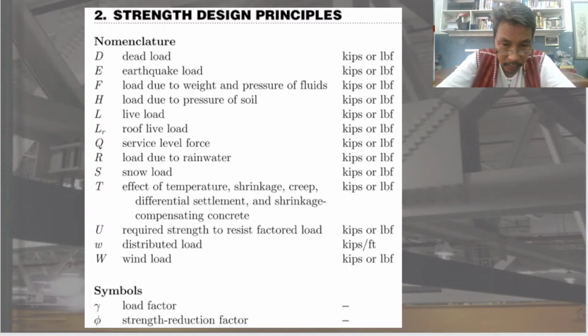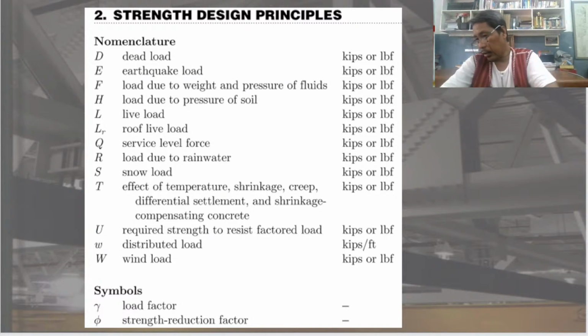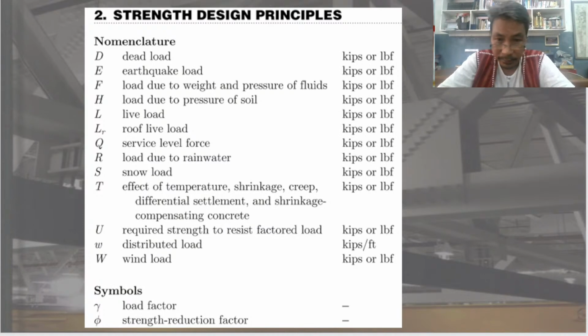Next one is phi. This is phi, not pi. Pi is different from phi. Phi represents strength reduction factor. Strength reduction factor has different values for tension, for compression, for flexure, for torsion, and so on.